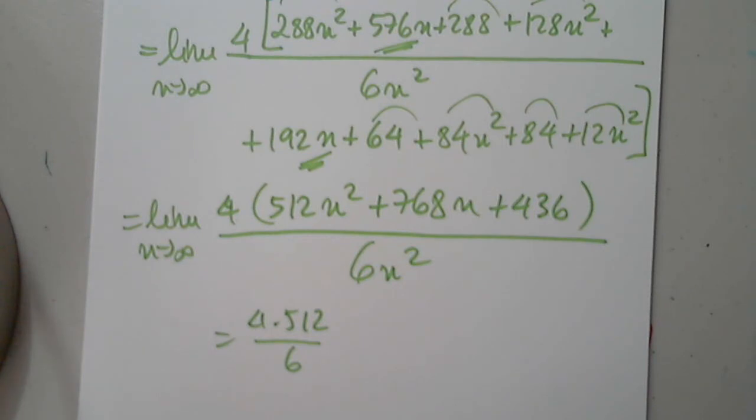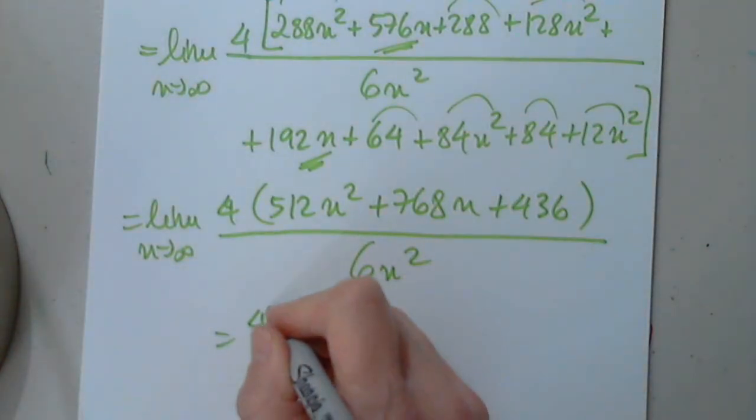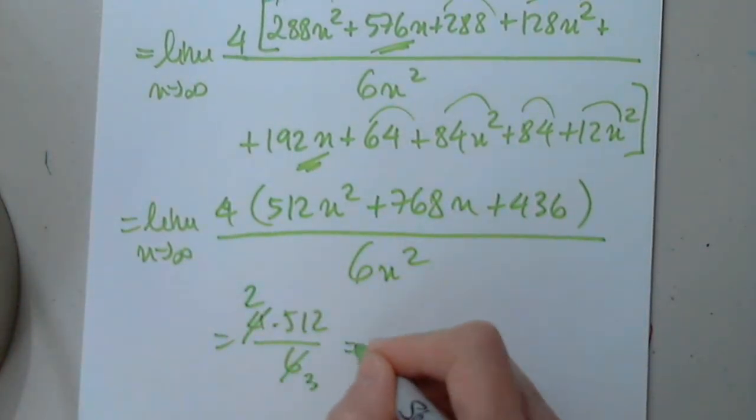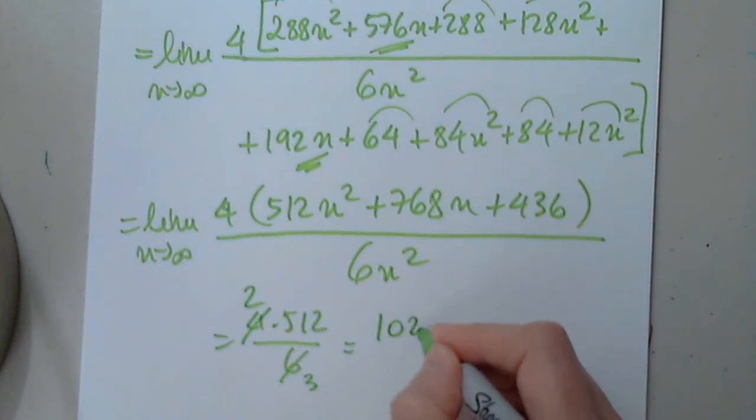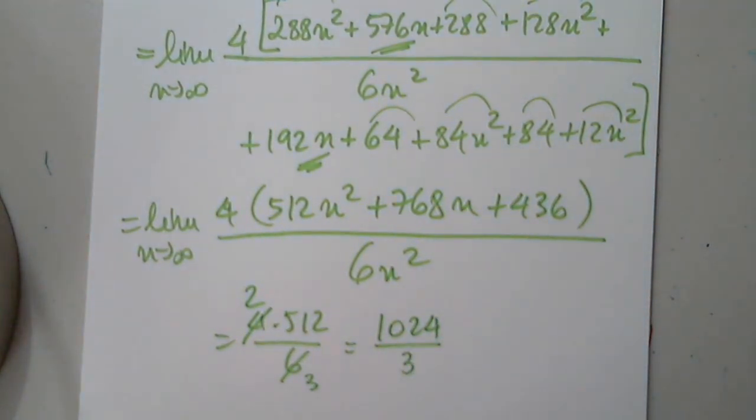Okay, 512 times 4 divided by 6. Am I getting 512? Yes, I'm getting 512. Oh, it's not divisible by 3. That's what I thought. Okay. So I can only divide by 2. So I get 1024 over 3.